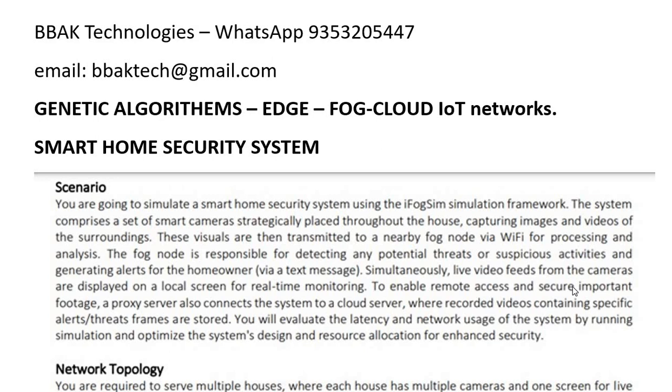And here, the fog resource, the Wi-Fi router, will also identify the objects and detect possible threats, and after detecting the threats, it is going to generate alerts. These alerts will be sent to particular people based on the category of the alert.